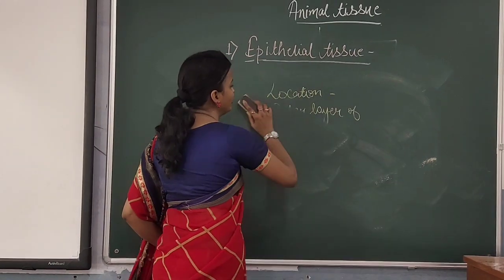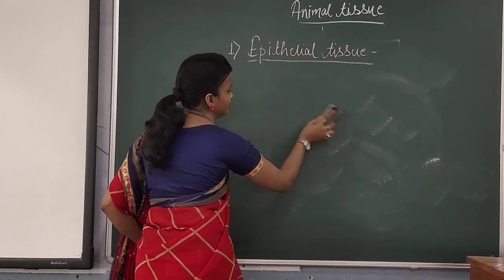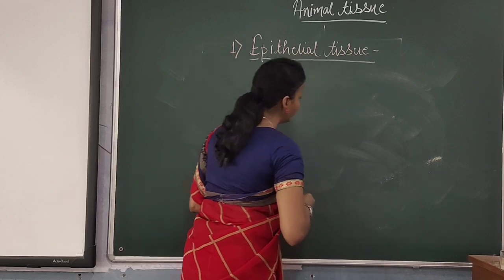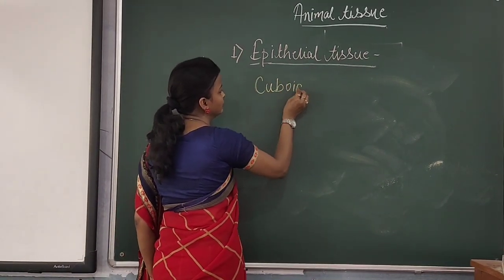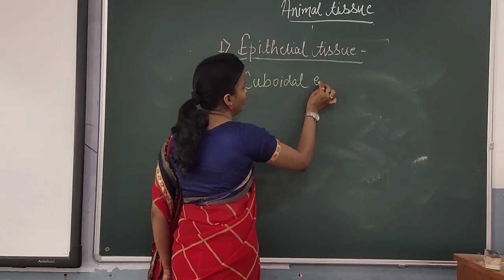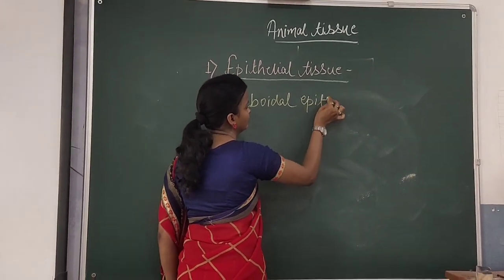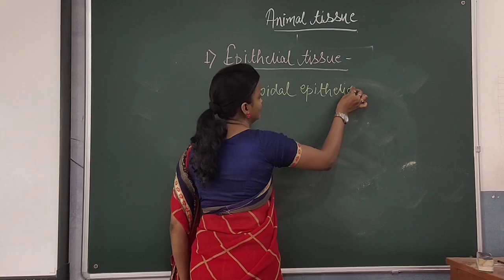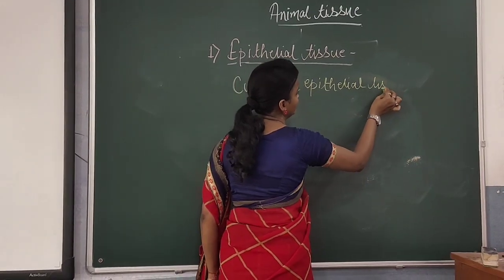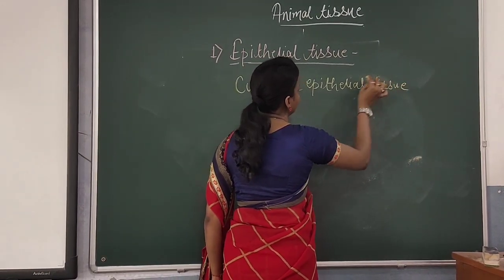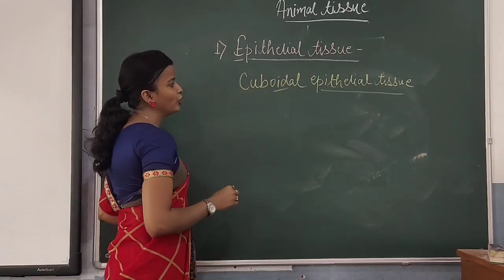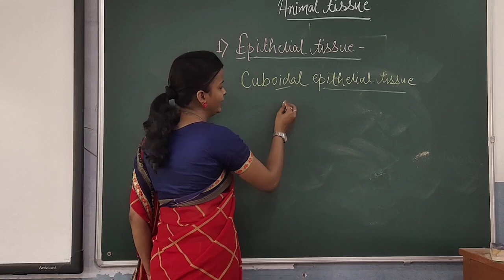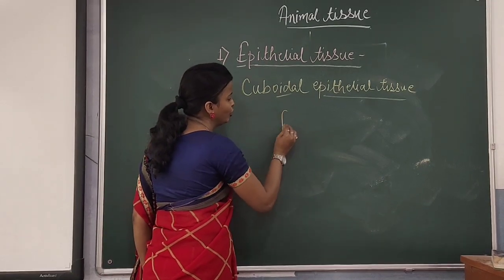Now we will come to our second one, that is cuboidal epithelial tissue. When you talk about the structure of the cuboidal epithelial tissue, they are somewhat cube in shape.